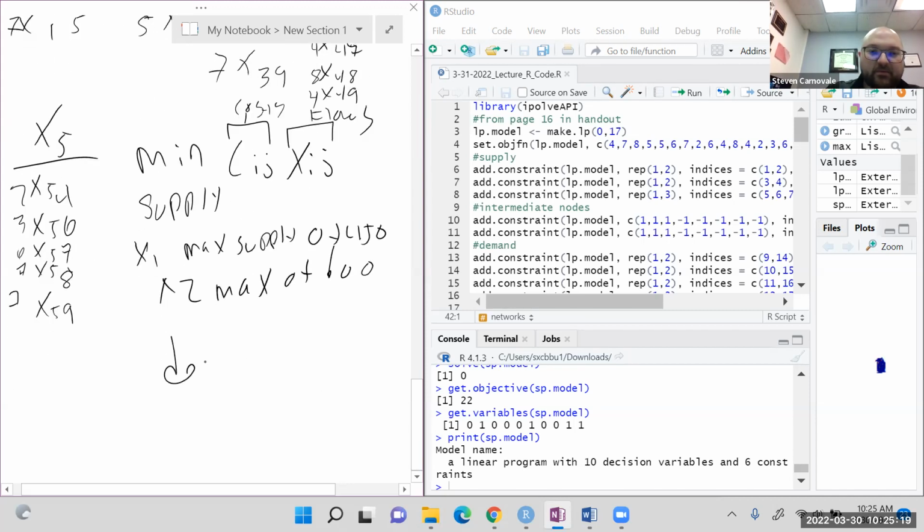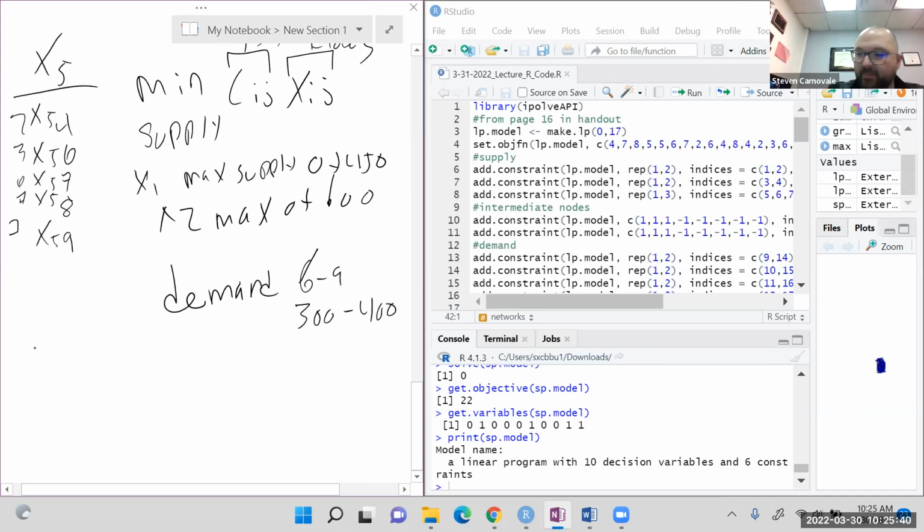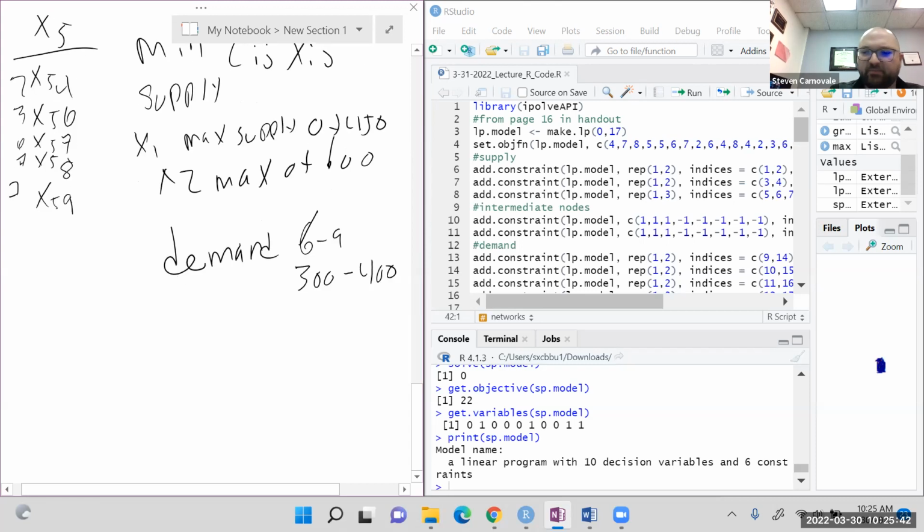The demand, so you've got each node, of course, receiving the demand 6 through 9, you've got a demand of 300 to 400. And of course, each of these is satisfied by a number of different variables coming into play.